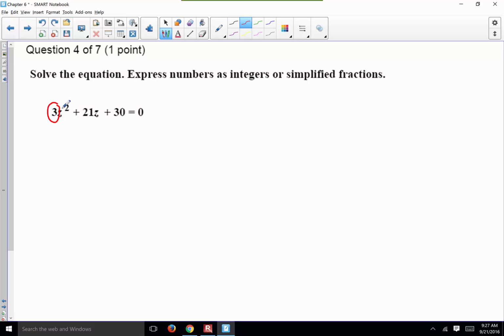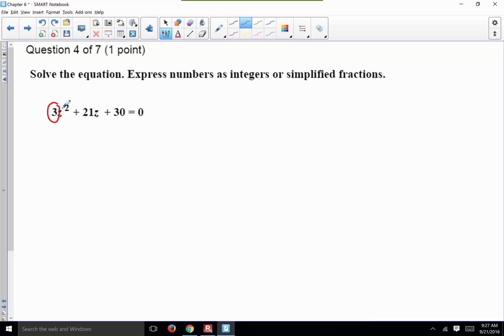Uh-oh, are we in trouble? If you skip step 0 of all factoring questions, yes you are. You need to do trial error method, you need to do grouping method, AC method, that's what we call AC method. But if you are careful, that 3 can be taken care of somehow.